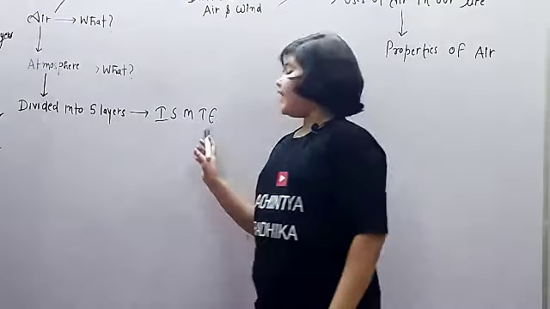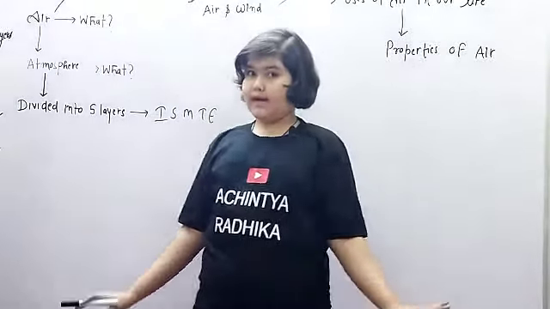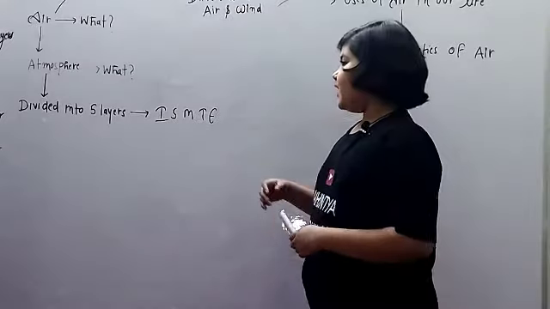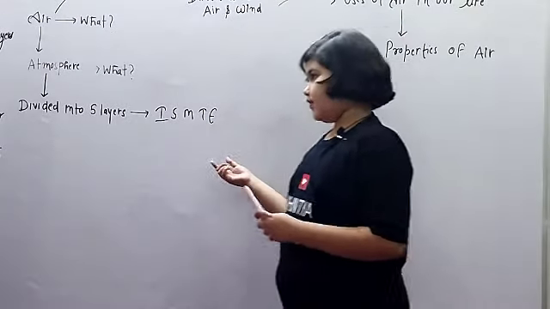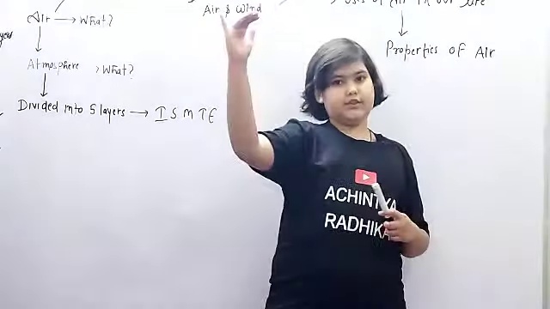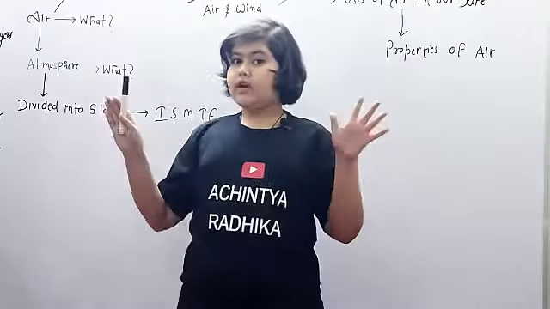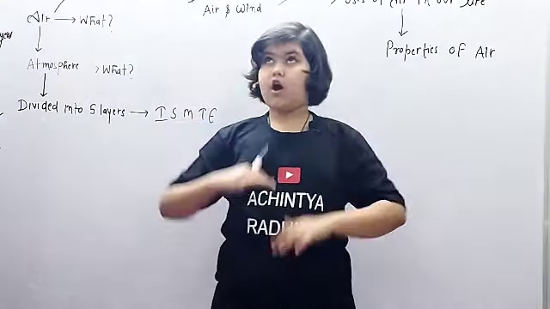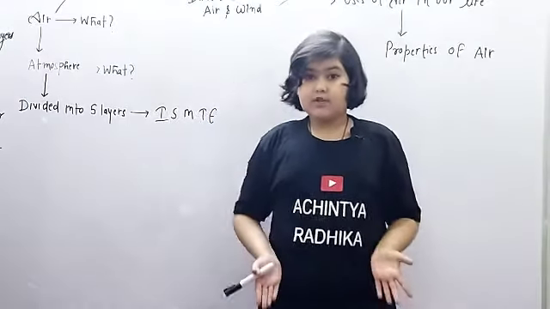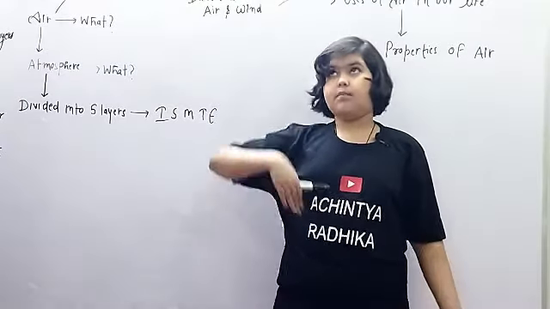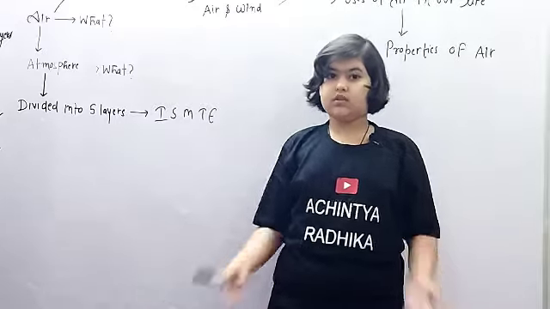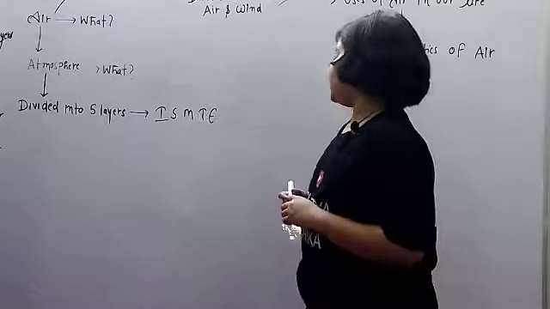So that's why the exosphere has no gravity. It begins from 480 kilometers above the Earth's surface. I'm standing on the Earth's surface, and above 480 kilometers, you only think, so much height.